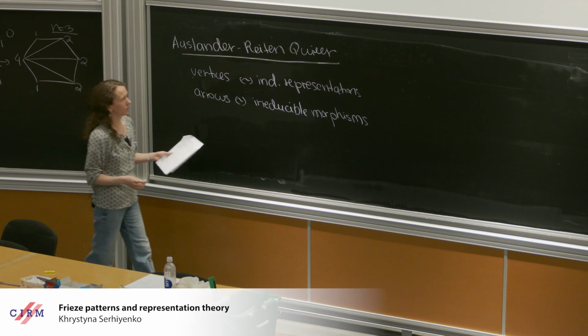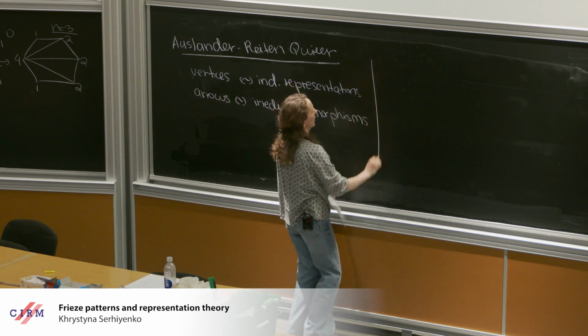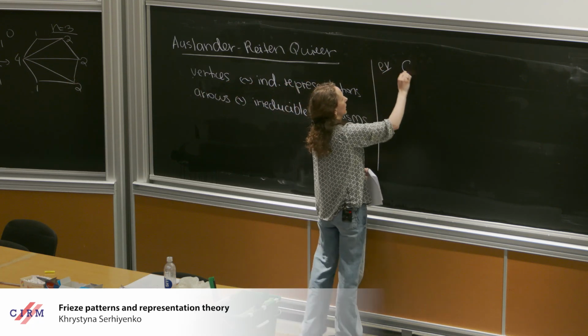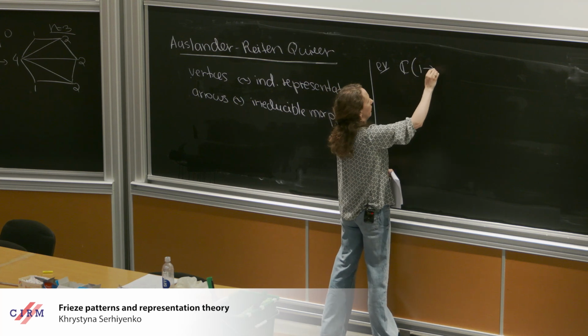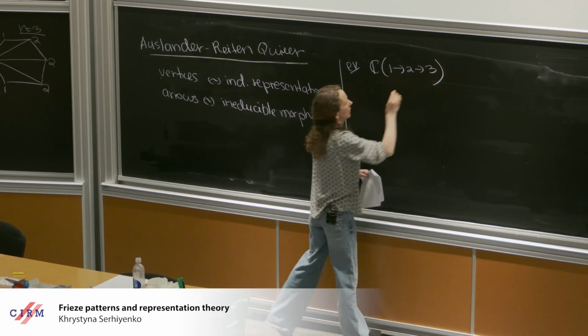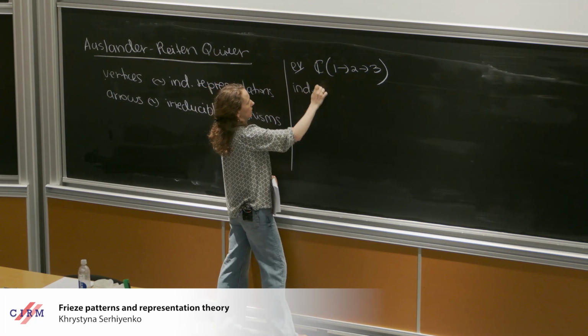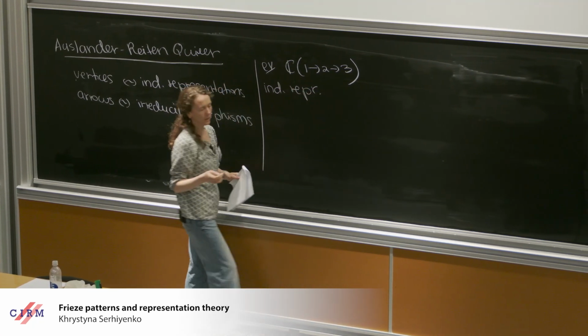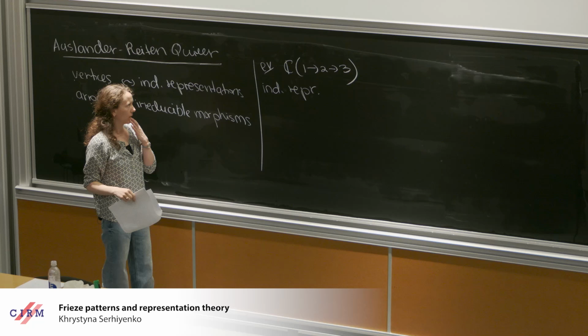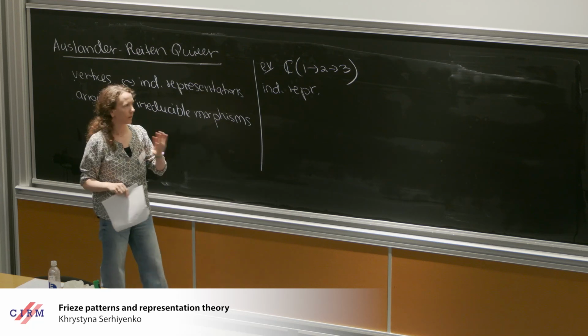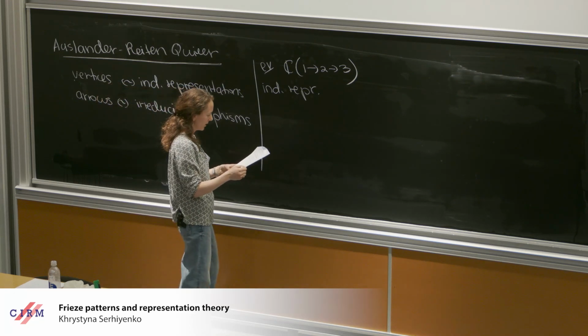Okay, so let us do the example in our running example. Let's say we have the path algebra of the quiver 1, 2, 3. Then it turns out all the indecomposable representations, we can classify those.